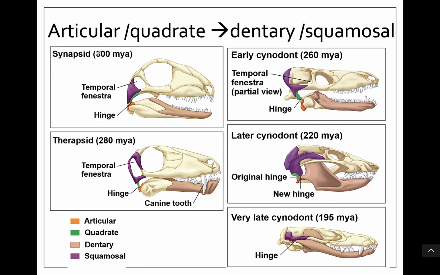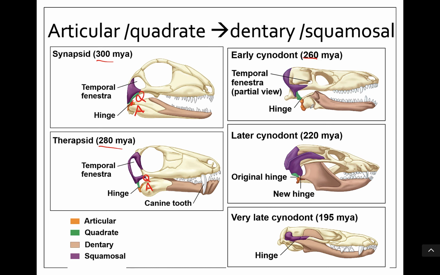So this would be a precursor to a mammal, so not necessarily a mammal yet. And what you can see here is the jaw joint is this orange and green. So this is a quadrate articular jaw joint. Right here, the jaw joint where the lower jaw meets the upper jaw. So 300 million years ago. Let's jump forward 20 million years, still quadrate articular, green and orange.